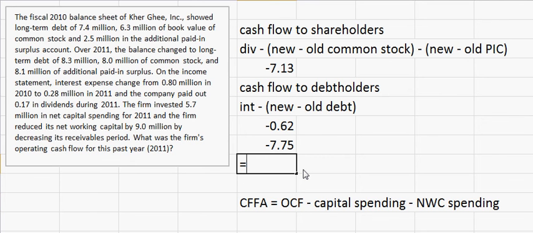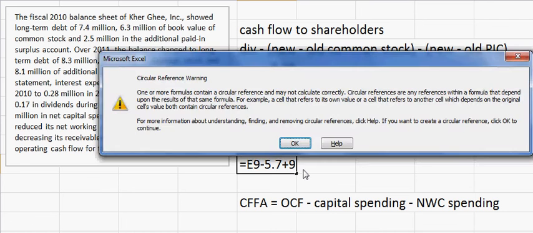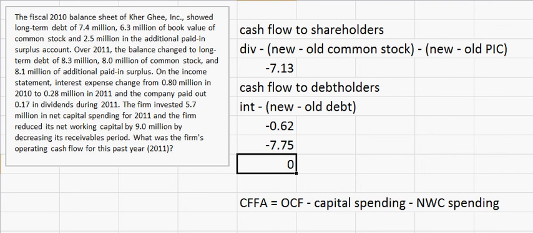Capital spending is 5.7 million. So we spent 5.7 million in capital spending, and then net working capital was reduced by 9 million. So we actually didn't spend on working capital. We negative spent on working capital, so that is going to come in as a positive. Oops. So let's see. This should not be E9.